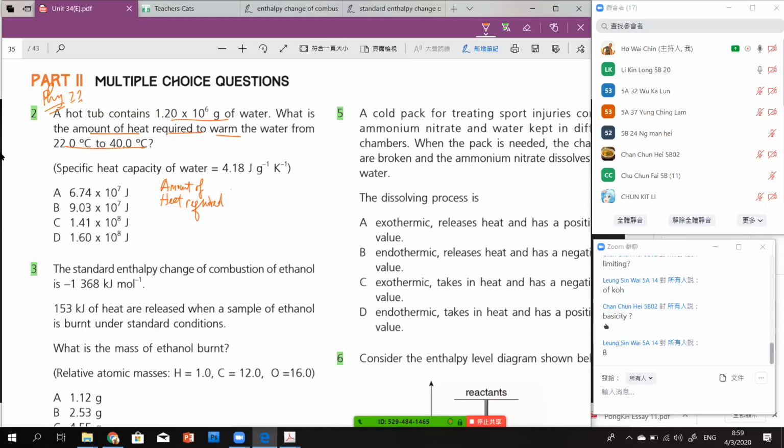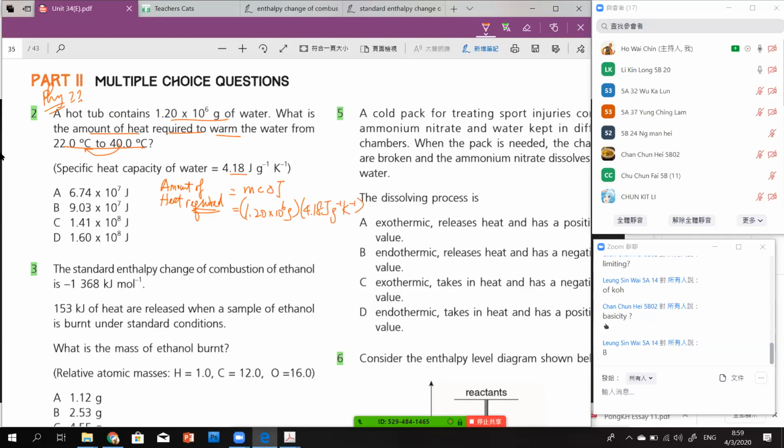So what equation do we need? Q is equal to mc delta T. Required means absorb, right? So that's why the delta T is just the large number minus the small number. The mass of water is 1.20 times 10 to the power 6 gram. For c, just copy 4.18 joule per gram per Kelvin.